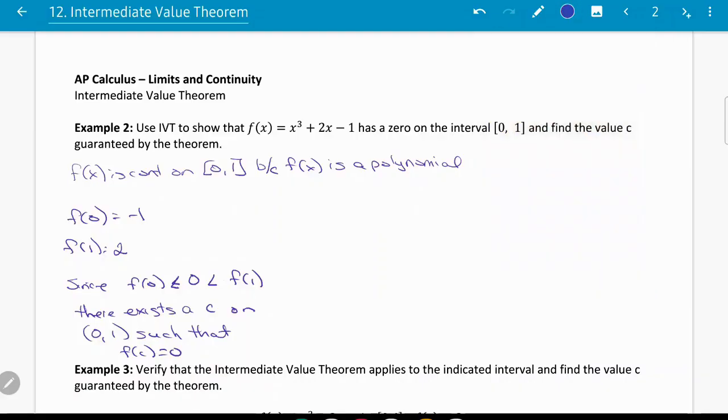So the second part of this question asks to find the value of c. So we know that f of c equals c cubed plus 2c minus 1 equals 0.